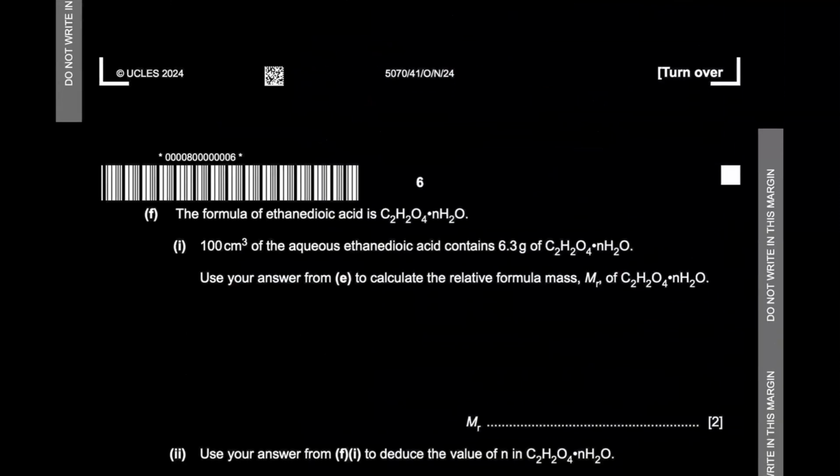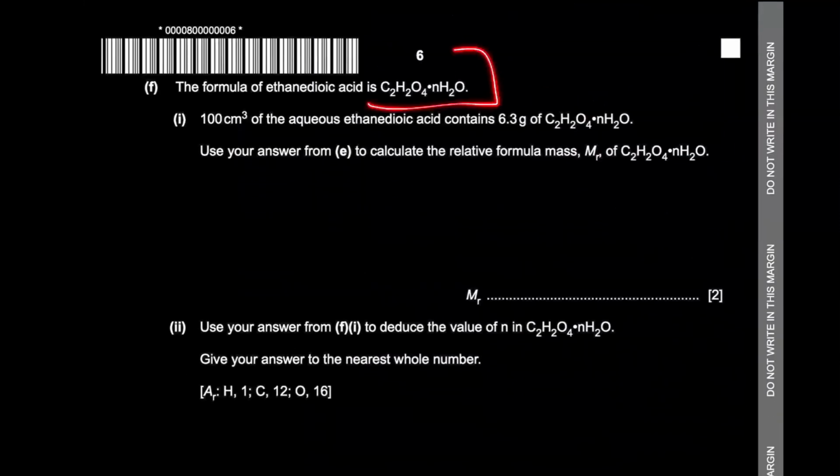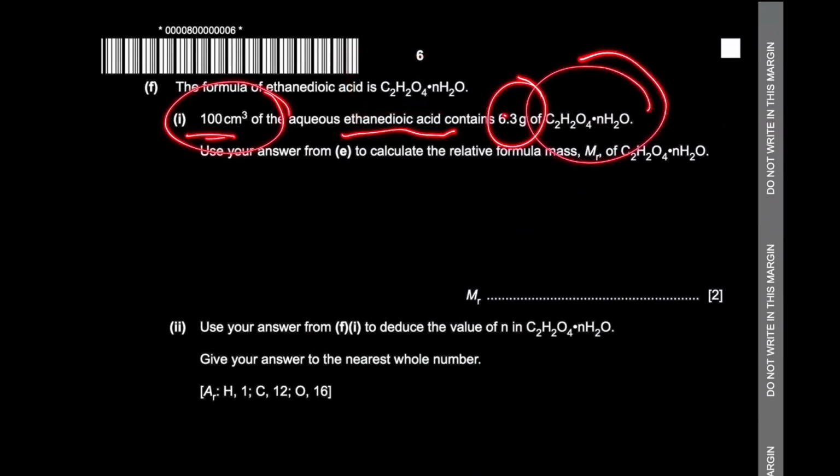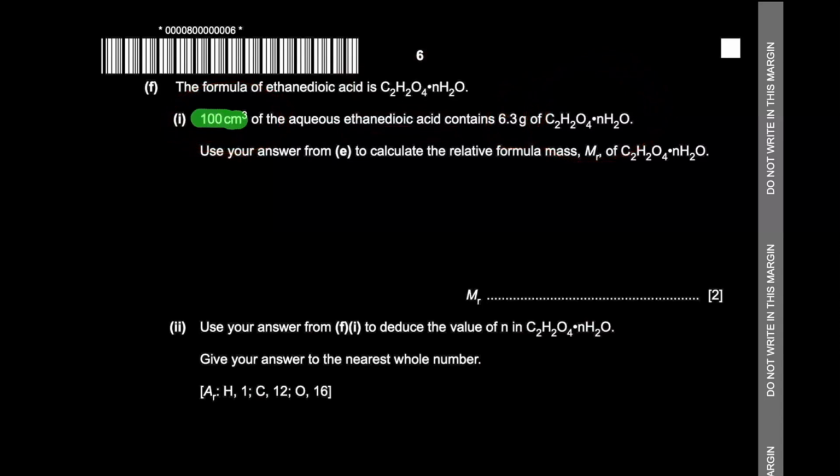The formula of ethane dioic acid is this: C2H2O4.nH2O. 100 cm cube of the aqueous ethane dioic acid contains 6.3 grams of this. Use your answer from E to calculate the relative formula mass of this. So first of all, we have to find the moles.